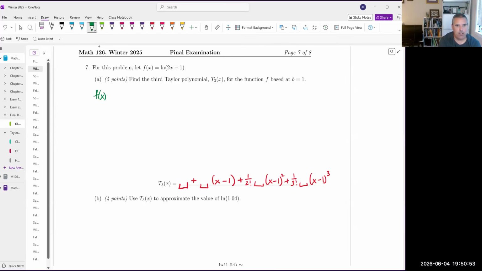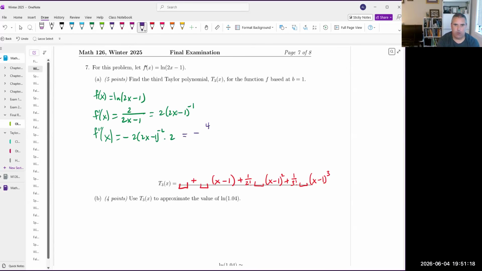Okay, so here we go. My function is log of 2x minus 1. The first derivative is 2 over 2x minus 1, which I'm going to write in the weird calculus way we write it. The second derivative is negative (2x minus 1) to the negative 2 times 2. A little bit of chain rule work. That's negative 4 over (2x minus 1) squared.